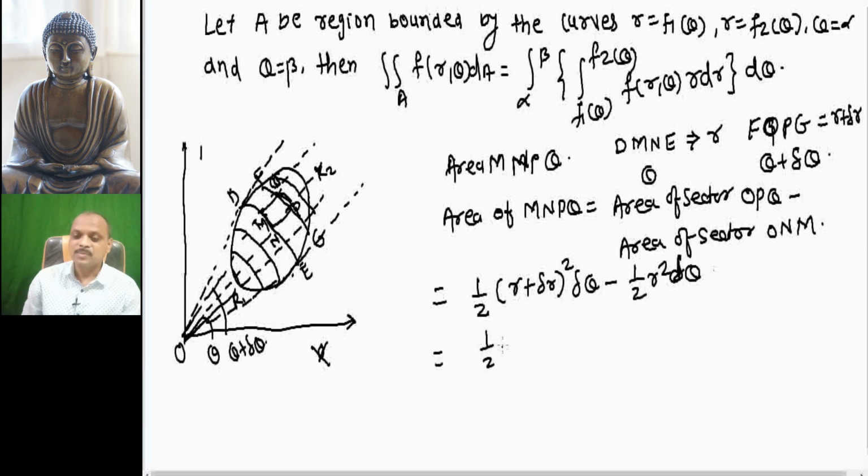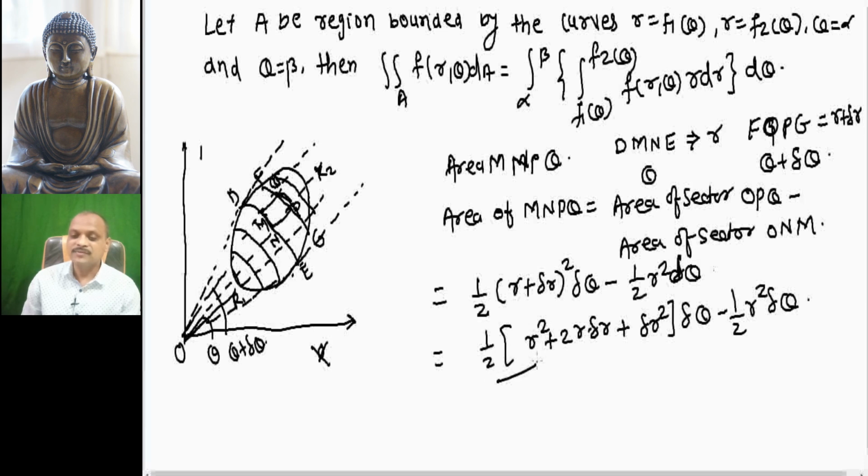Taking 1 by 2 common, r plus delta r whole square is r square plus 2 r delta r plus delta r square, times delta theta, minus 1 by 2 r square delta theta.